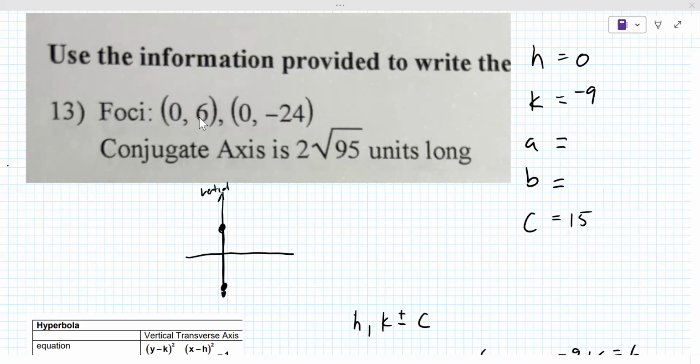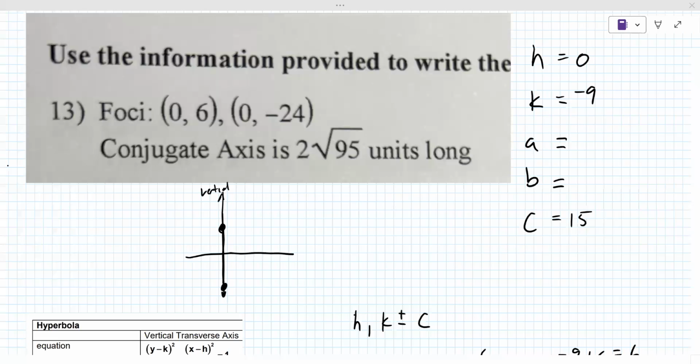I don't even know how we're going to use this. Well, I can't just get a formula for it. They just keep telling me what it is, and I know what it is.